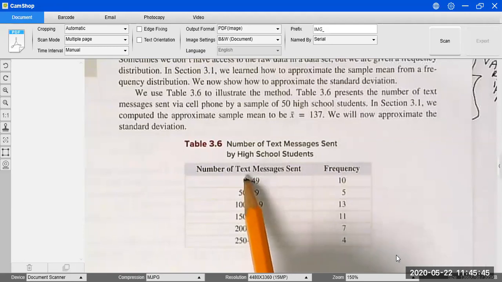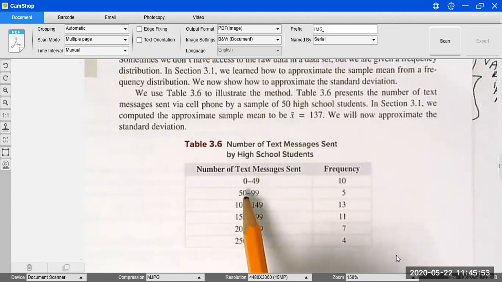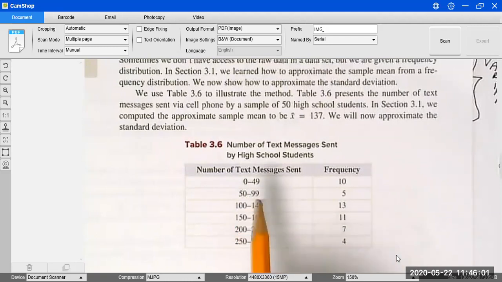It's 0 plus 50 divided by 2, which is 25. Then you just add 50 to every previous midpoint: 25 plus 50 gives 75, then 125, then 175, then 225. Those are going to be the midpoints.